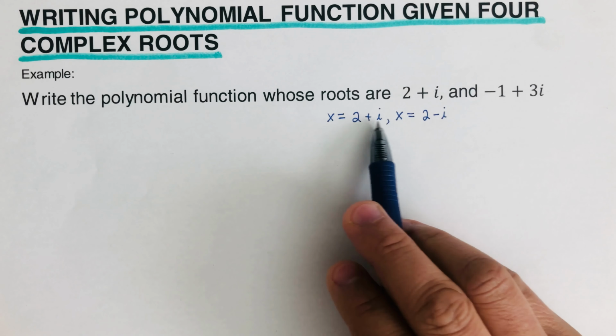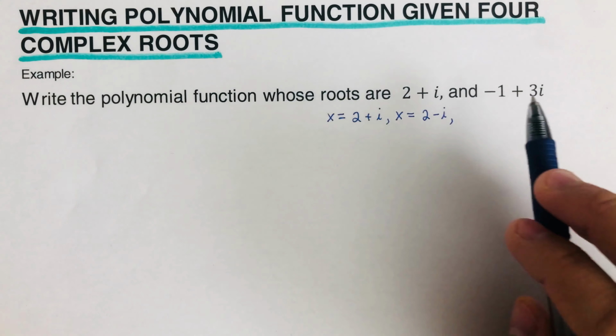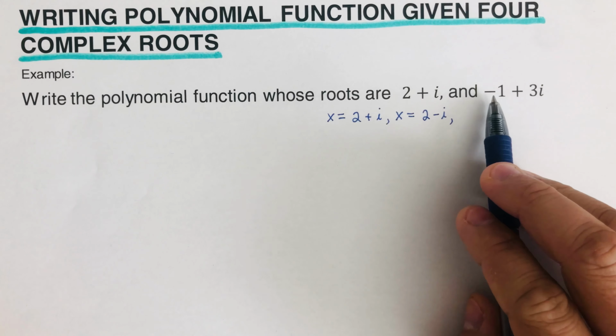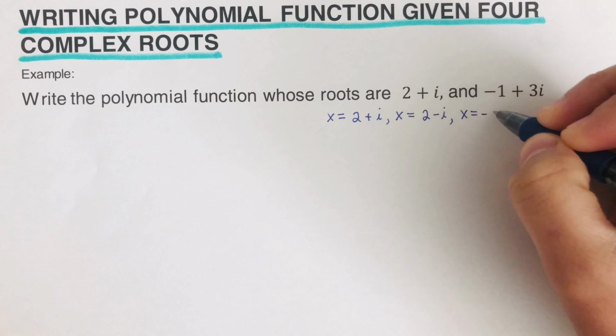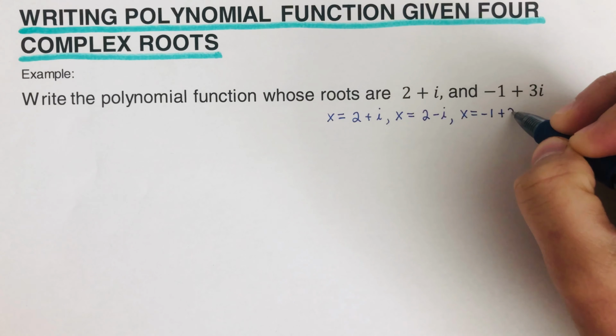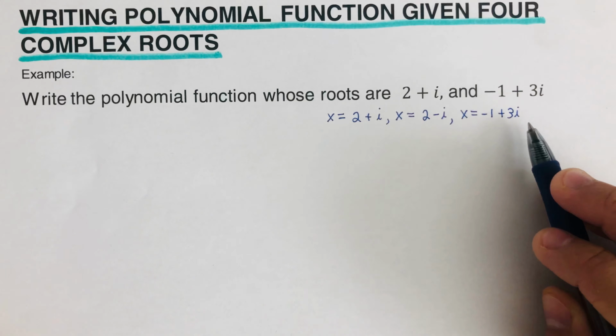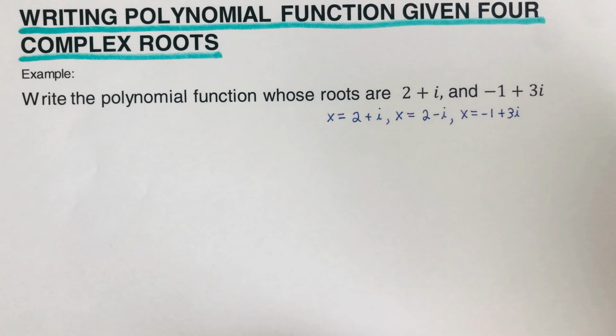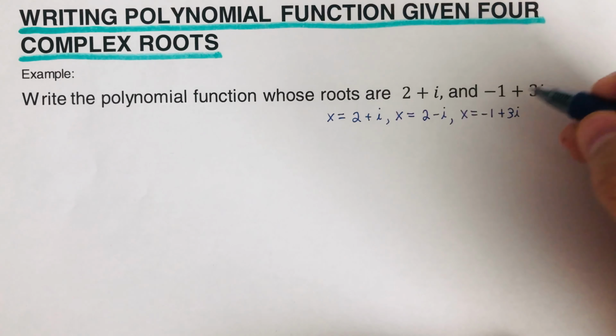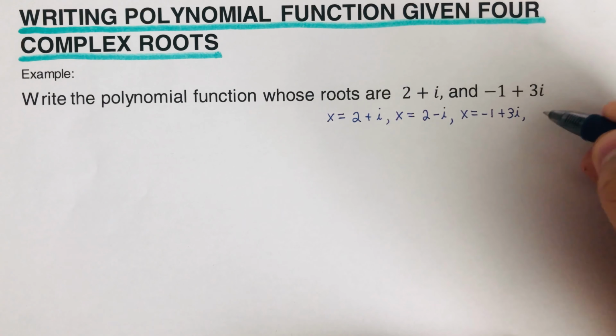So positive i, I switched it to negative. And so for the other 2 roots, we can write x is equal to -1 plus 3i. And then we get the conjugate. This is a positive 3i, so that means the negative 3i is also a root of this function. So that would be x is equal to -1 minus 3i.